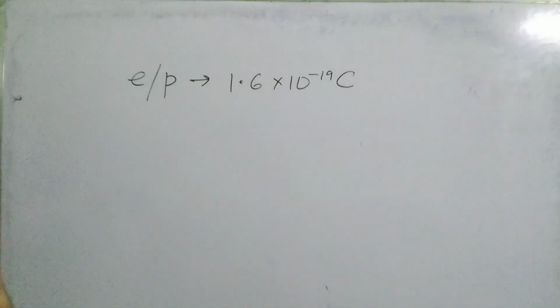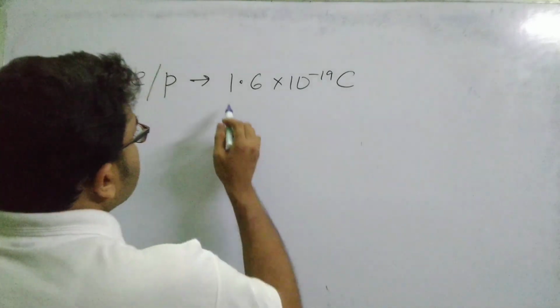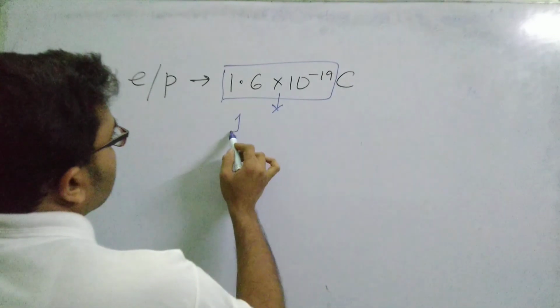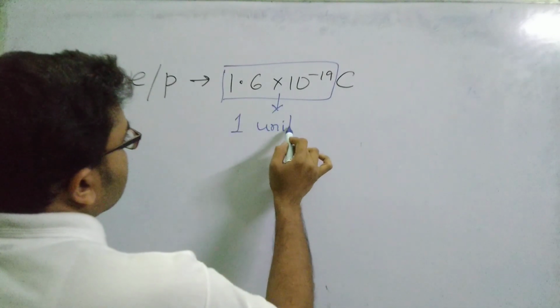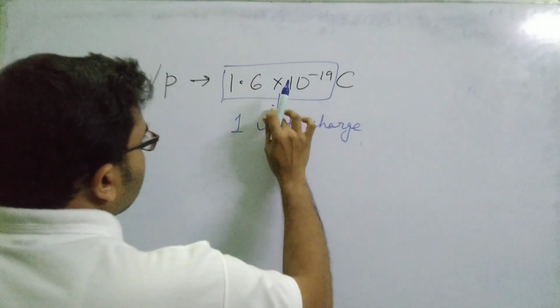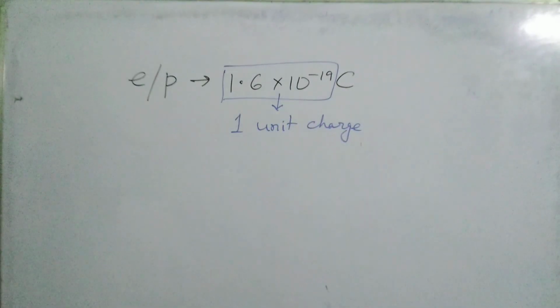Now, this value of charge, 1.6 into 10 to the power minus 19 coulomb, is regarded as 1 unit charge. So, if I say that a matter has 2 units charge, it means that the charge present on that matter is 3.2 into 10 to the power minus 19 coulomb. Okay, so I am just writing it down.